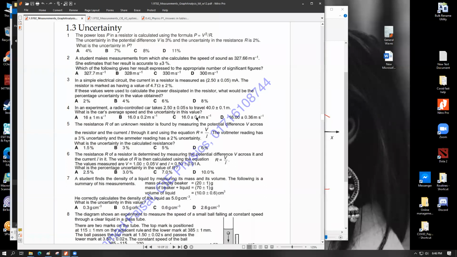And this should be written to the same decimal place as the original number. That's why D is not the correct response, because D represents a more accurate result than what we should have got. From two 3SF measured values, you cannot get a calculated answer that is correct up to 4SF. That implication is wrong.